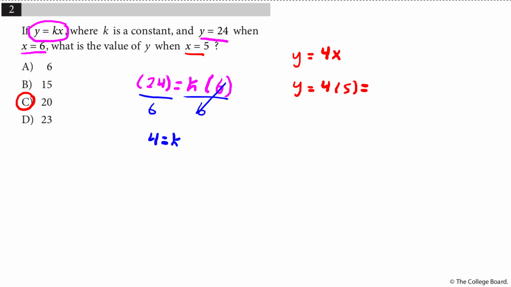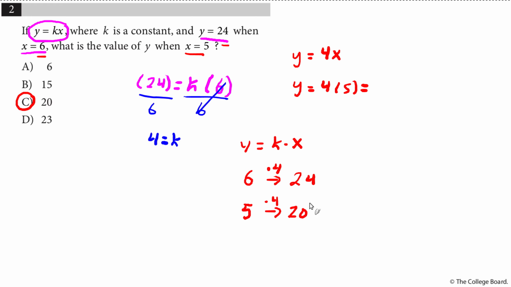Now, other things that you could do. So one possibility here is that if it's a direct variation, if I know that y will equal something times x, then to go from 6 to 24, I knew that I had to multiply by 4, and I can use that rule to see that, okay, then when I start at 5, I better end up at whatever 5 times 4 is.